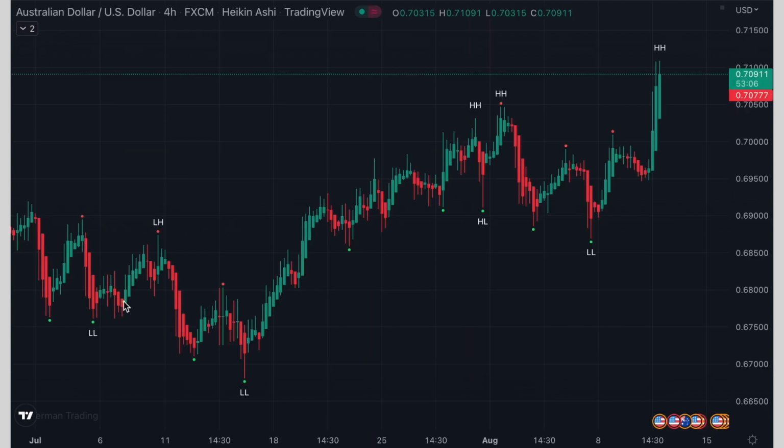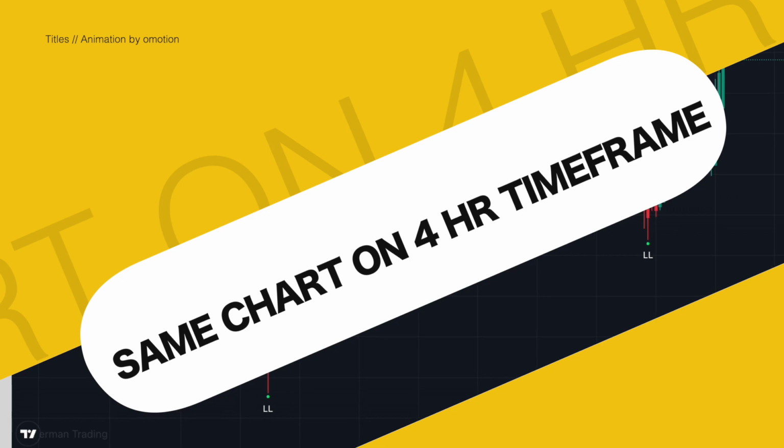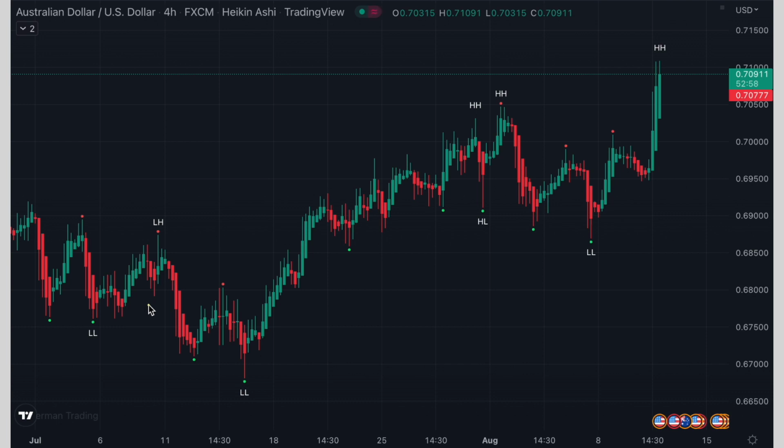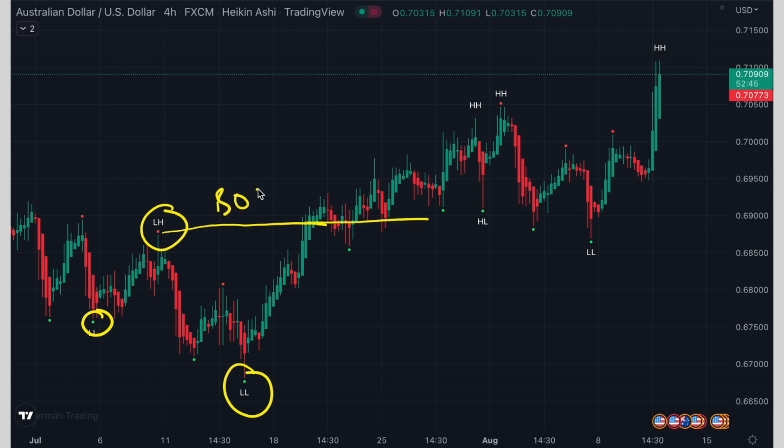Let's consider the same chart on 4 hours time frame now. Earlier we checked it on a daily time frame, and now this is 4-hour time frame. We have a lower low here, lower high, lower low, and then right here, somewhere here, we have a break of structure.